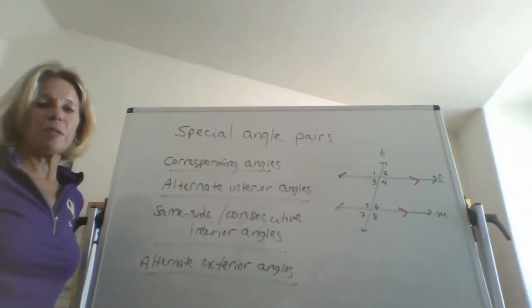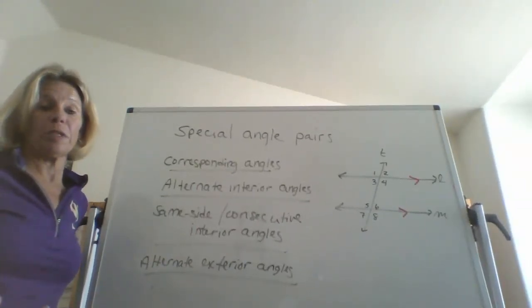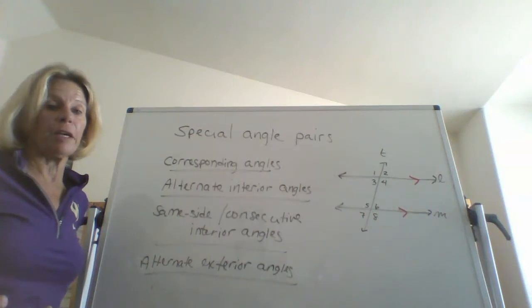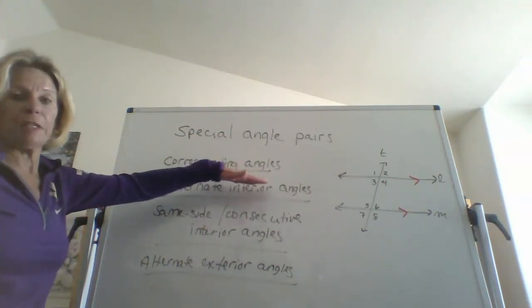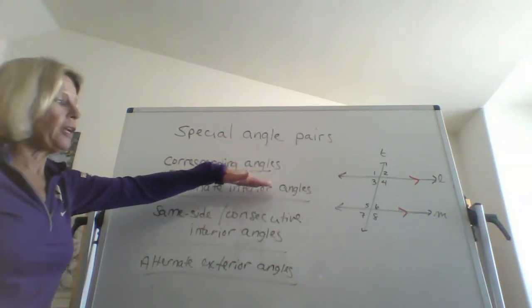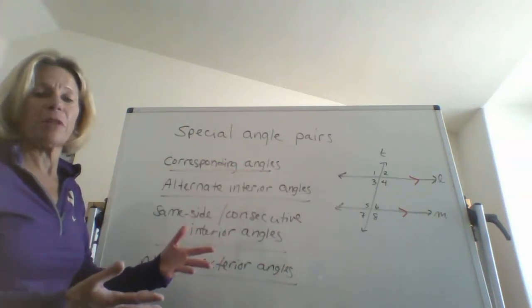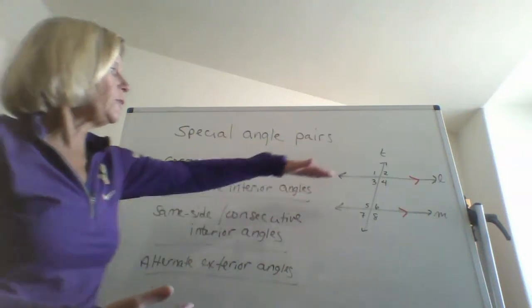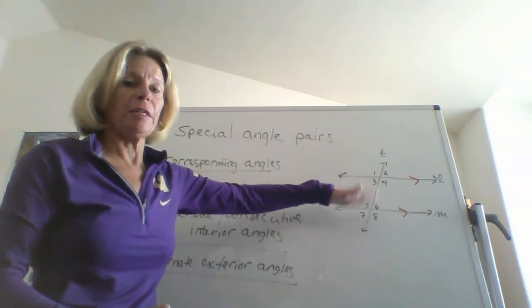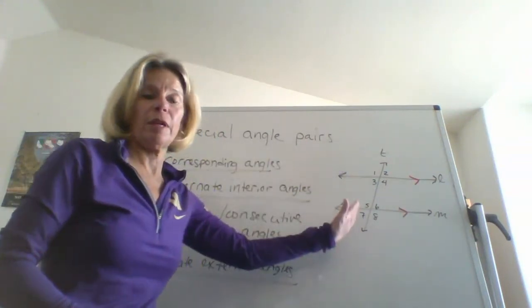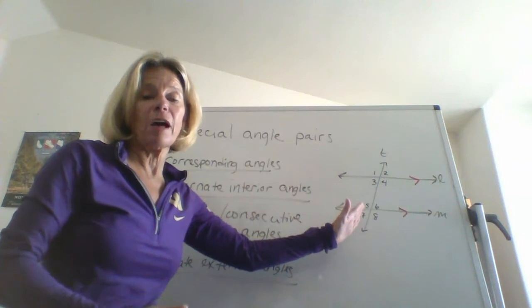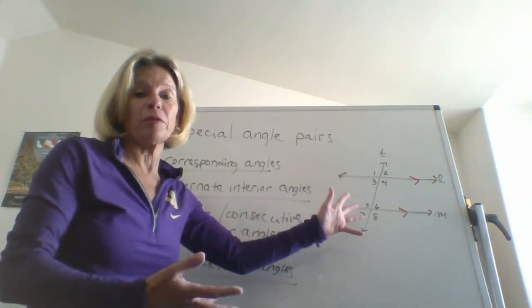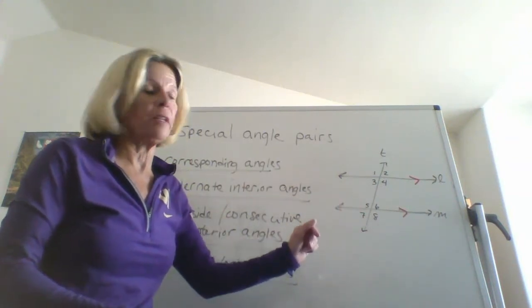We also have some special angle pairs that we use with parallel lines. Corresponding angles are in the same place relative to the parallel lines and the transversal. A transversal is a line that intersects two other lines, usually two parallel lines.